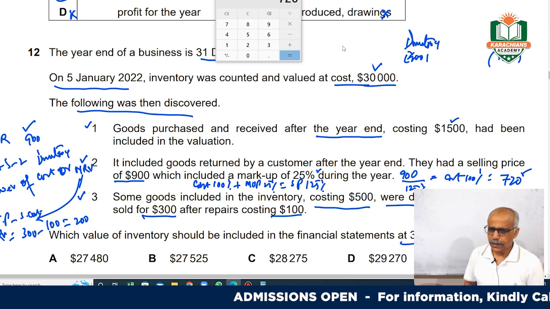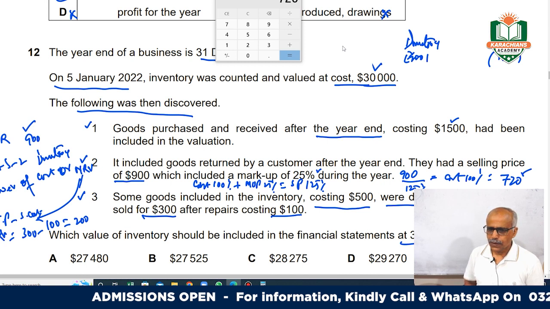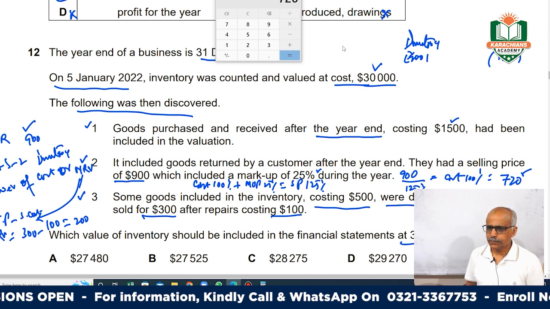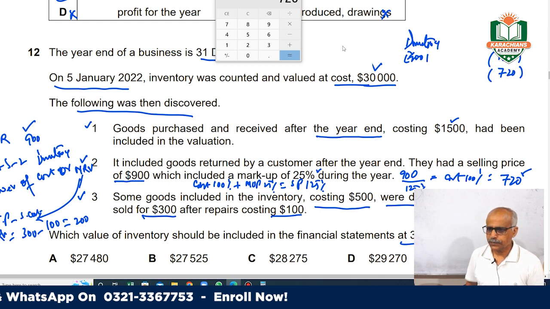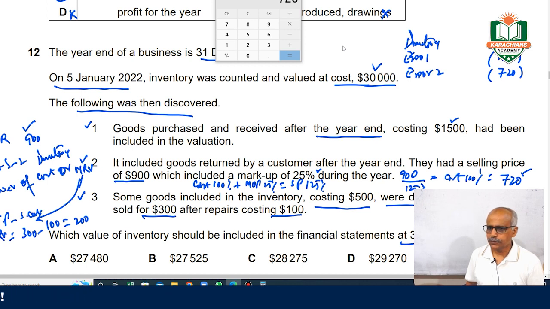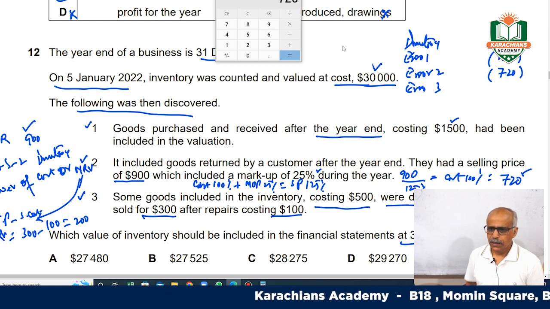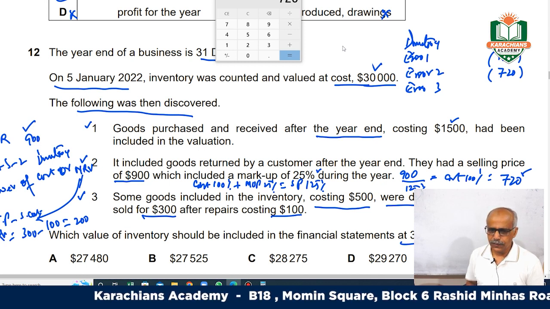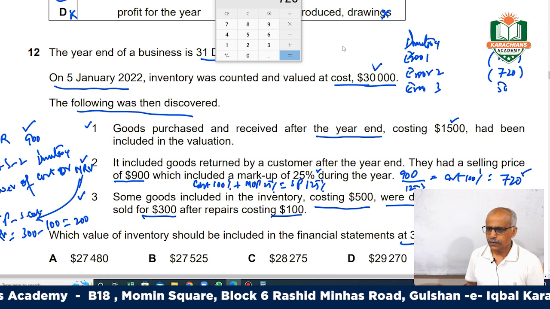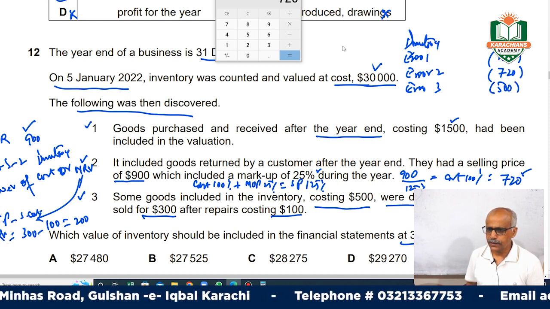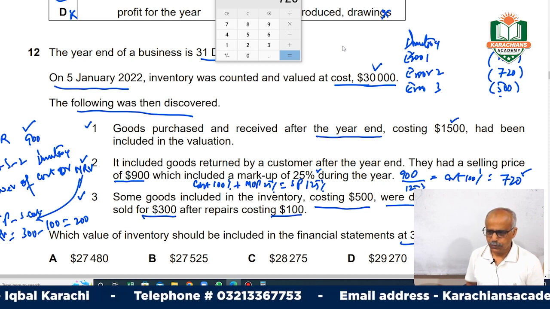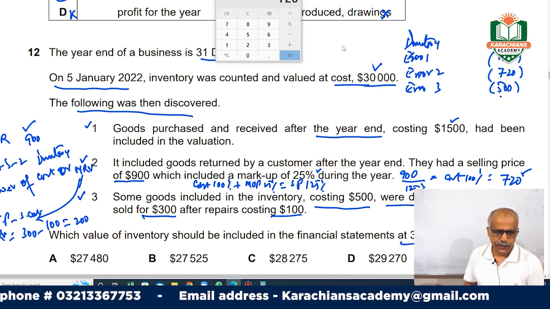On error number 2, 720, you have to deduct 720. Error 3: actually you have included inventory at 500, you need to deduct that, and you have to take inventory at 200.